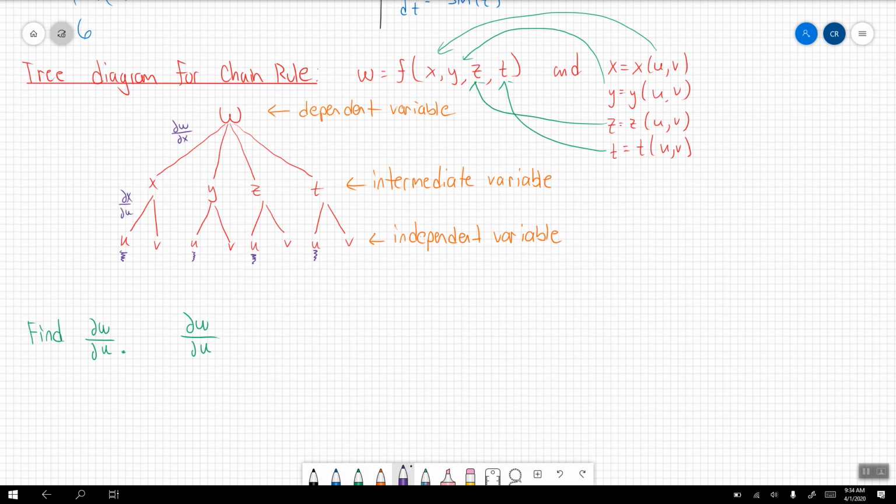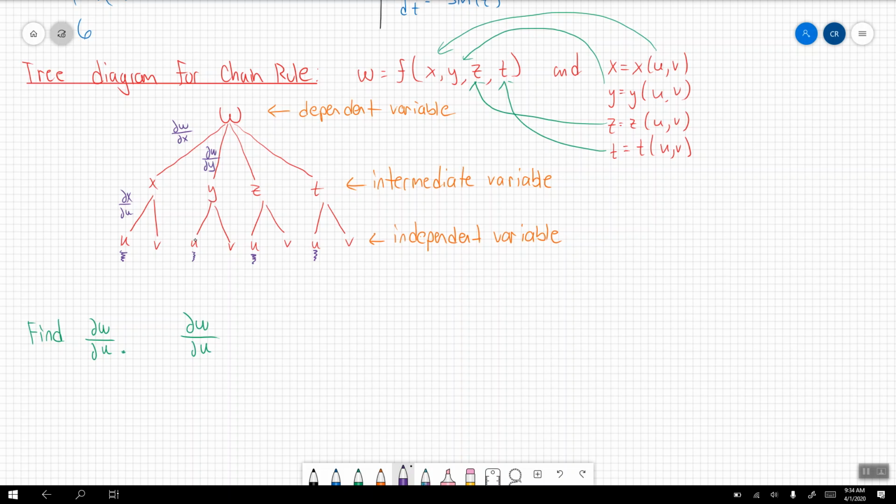Alright, there we are. So that's one of the first ones. The next one, we're going to go down a second path. Again we're trying to capture this u in question, which means to get to that one we go through the partial of w with respect to y. That's the first branch.